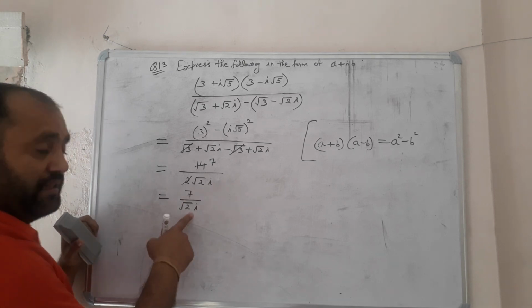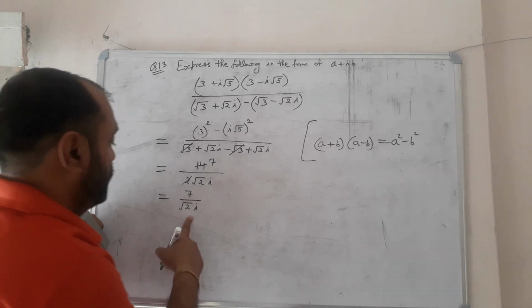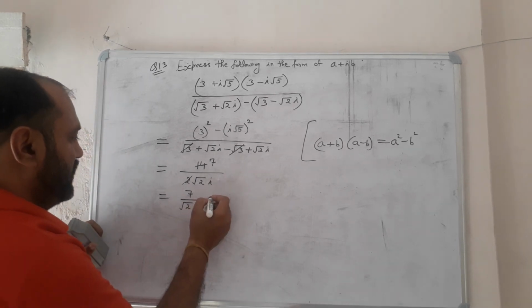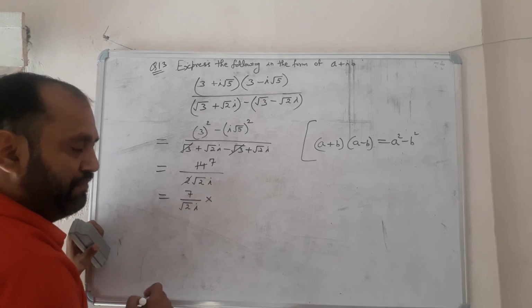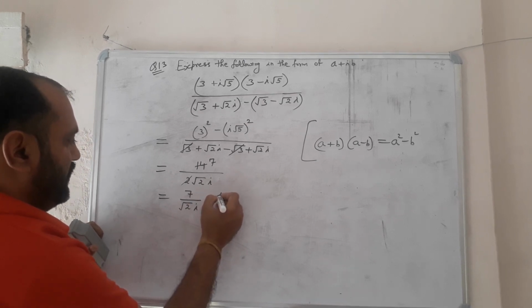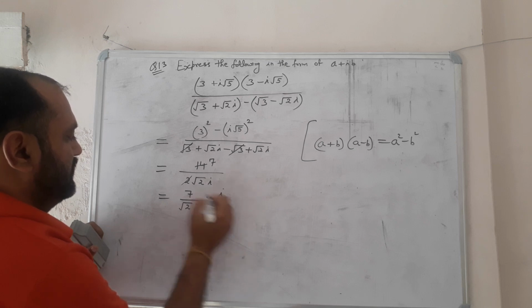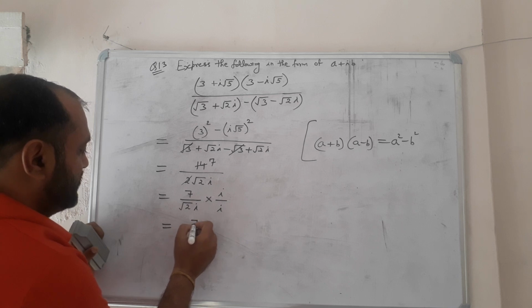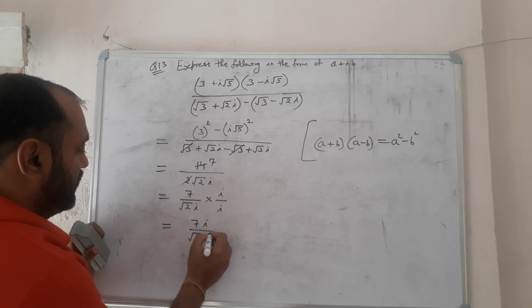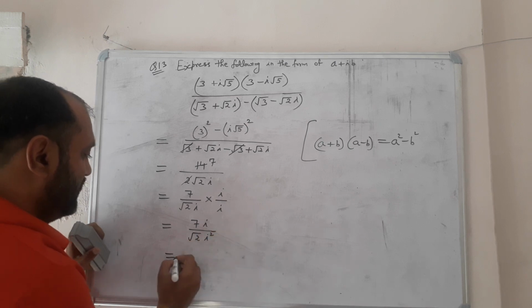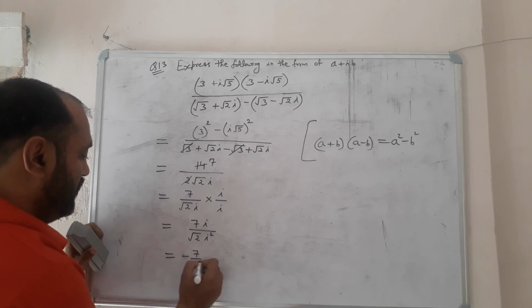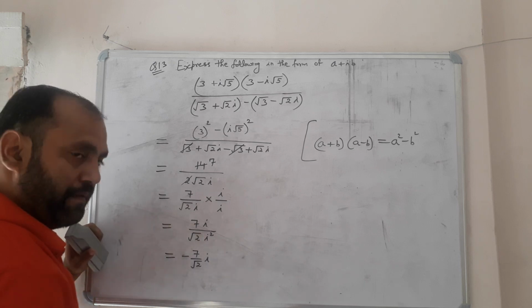Now this is not in the form of a plus iota b, so you can rationalize it, means you can multiply and divide it by iota, right? So we have 7 iota over root 2 iota square, and iota square is minus 1, so its answer is minus 7 upon root 2 iota.